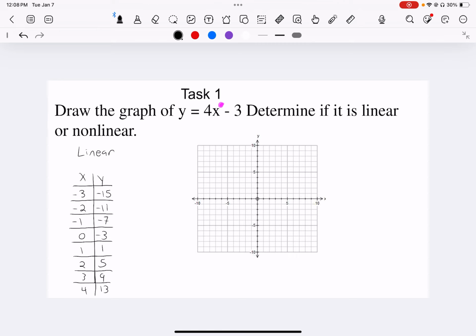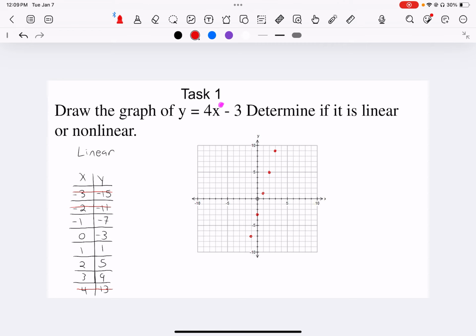I notice my graph only goes up to 10, so I'm only going to plot the points that I can fit. So I'm going to get rid of any point that's higher than 10. The first point I'm going to plot is -1, -7, then 0, -3, 1, 1, 2, 5, and 3, 9.